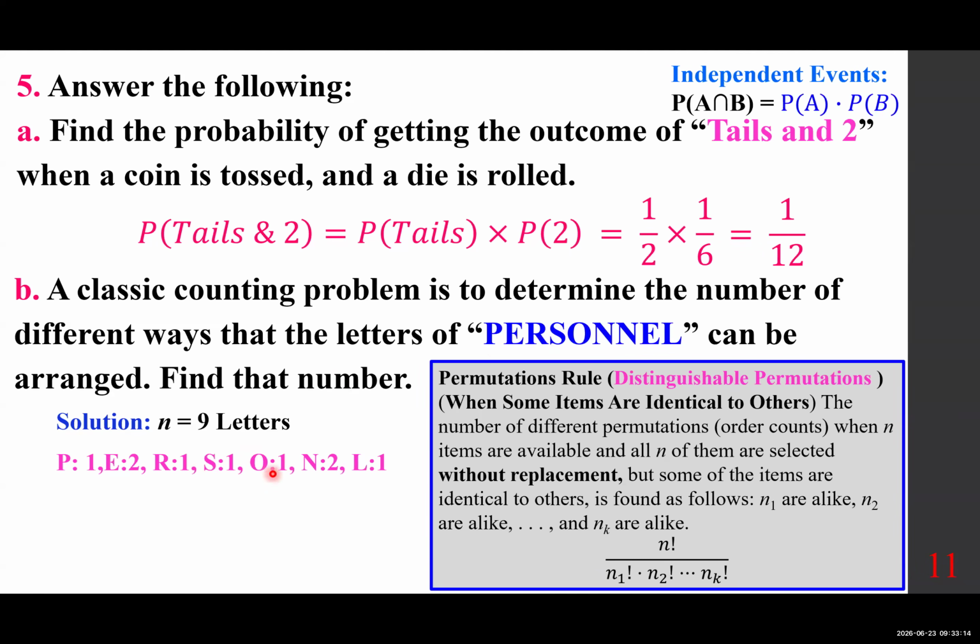O, the same thing. N, we have 2 of them. E, we have accounted for, and then L is 1. So we go with this formula. The number of letters is 9. N is 9, because 1, 2, 3, 4, 5, 6, 7, 8, 9. 9 factorial divided by that gives us 90,720. It's pretty straightforward. I hope everybody's okay with that.